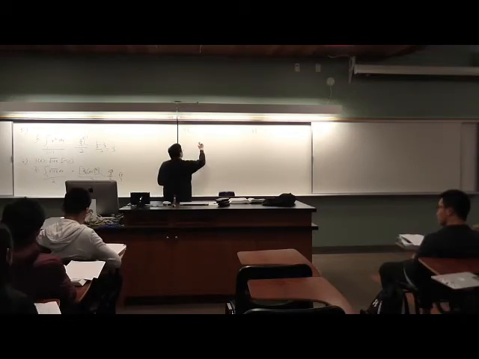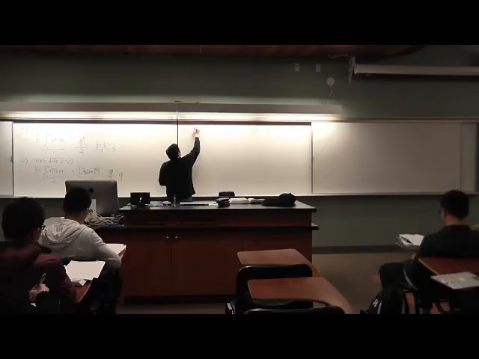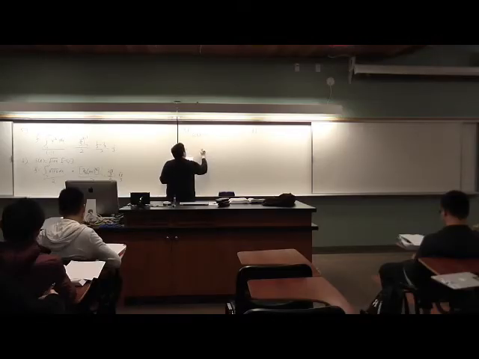This one should be even easier, shouldn't it? F of x equals e to the x. We want the average value. So I'm going to integrate again, minus 1 to 1 of e to the x divided by 2.